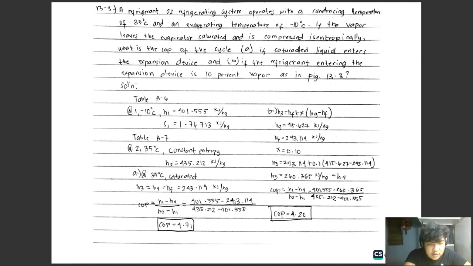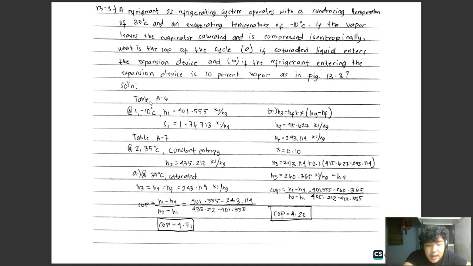For the solution, referring to our table A-6 at negative 10 degrees Celsius, our h1 is equal to 401.555 kilojoule per kilogram and our s1 is equal to 1.76713 kilojoule per kilogram K.